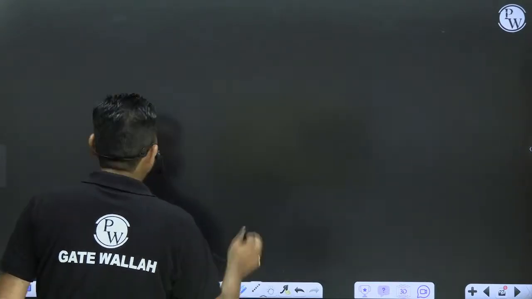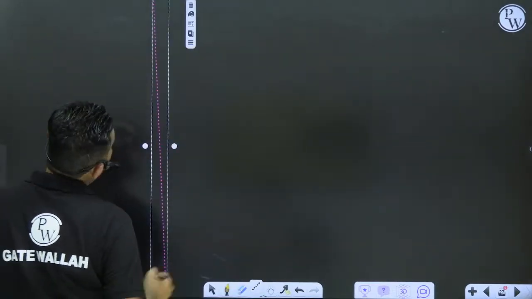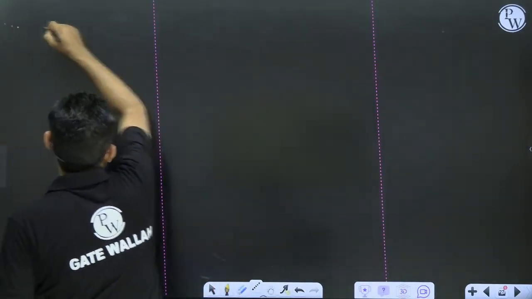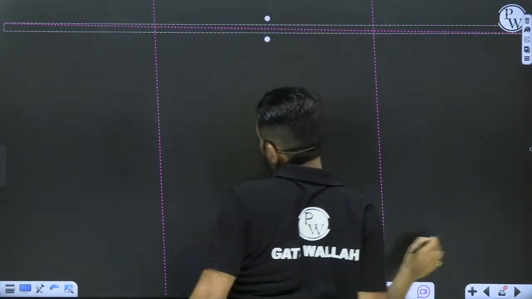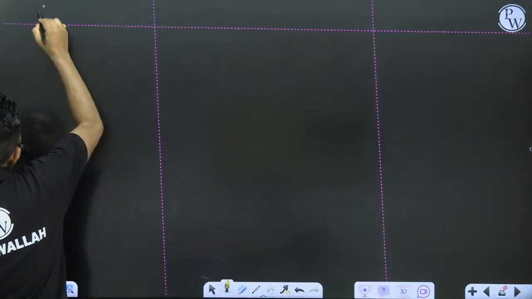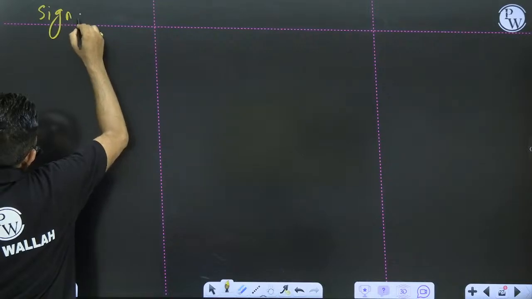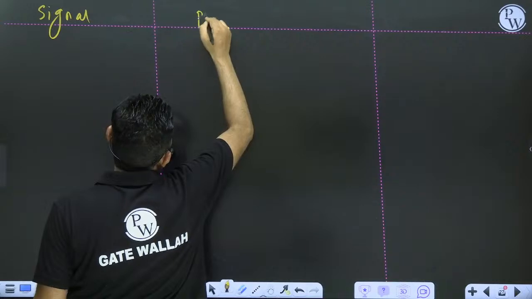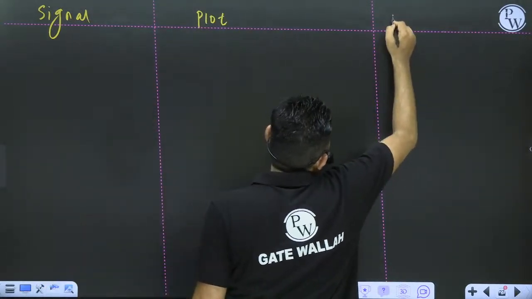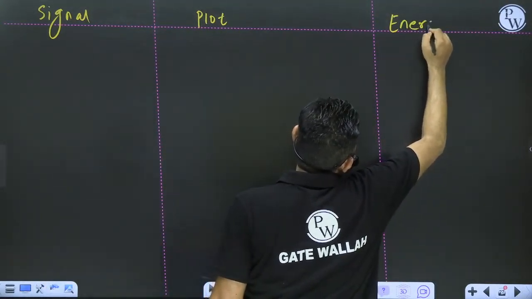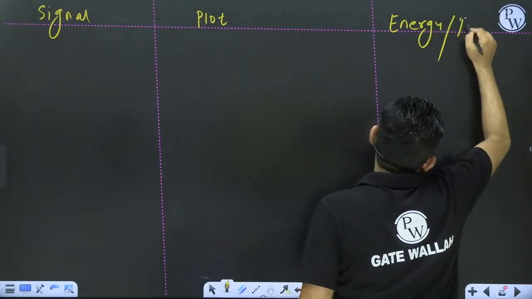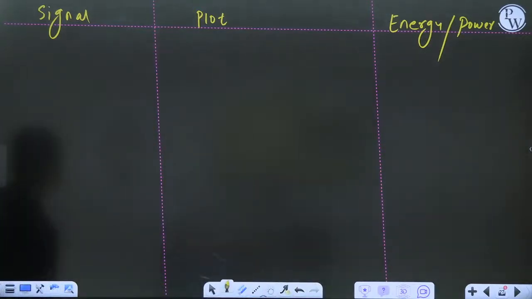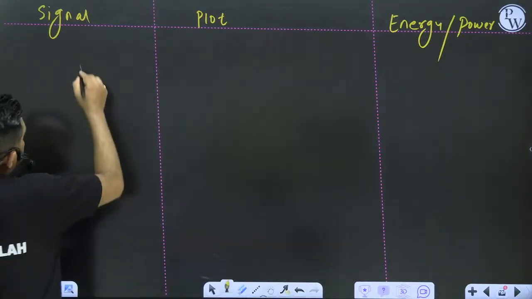Here, in signal, energy or power. Sorry, plot first. Energy or power. Here, first I am taking t u(t).